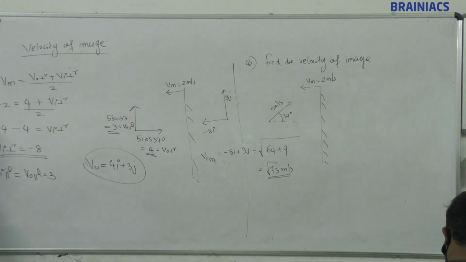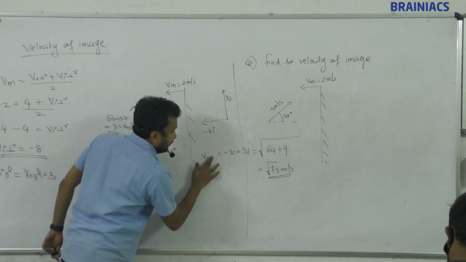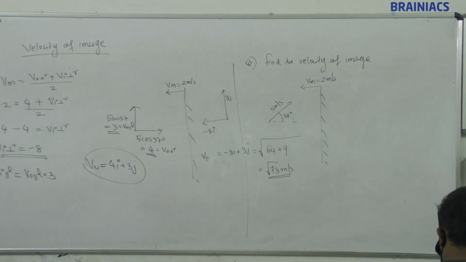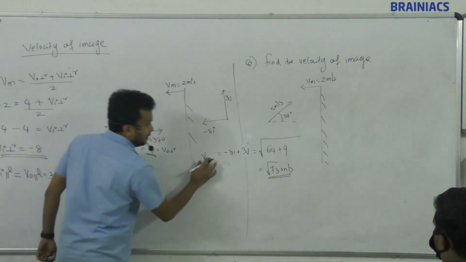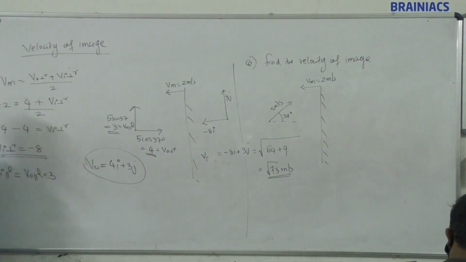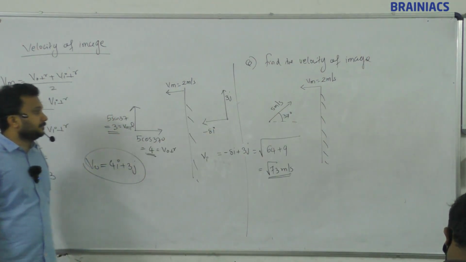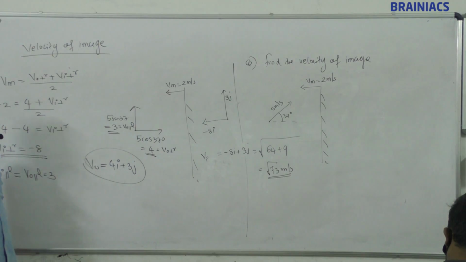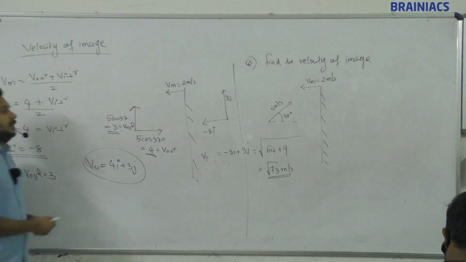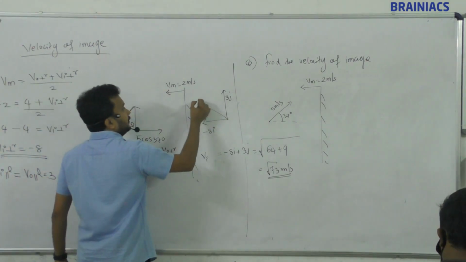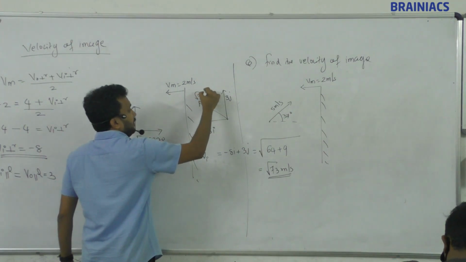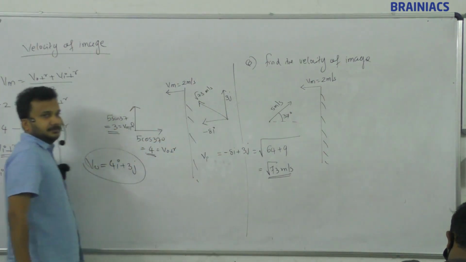No, here this is not with respect to the mirror. It is just the velocity of image, not with respect to the mirror. So this is just the velocity of image: -8i plus 3j, which we can write as root 73 meter per second.